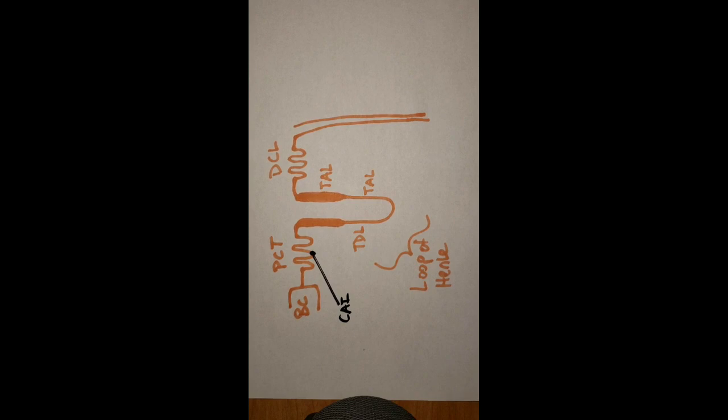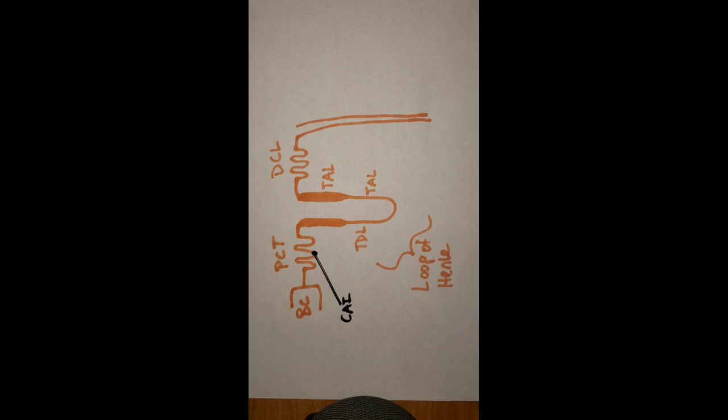The way that these drugs work is by inhibiting carbonic anhydrase, which is an enzyme that is responsible for the production of carbonic acid. When carbonic anhydrase is inhibited, when its activity is suppressed, that results in decreased resorption of sodium bicarbonate in the proximal convoluted tubule, so it accumulates in the forming urine.